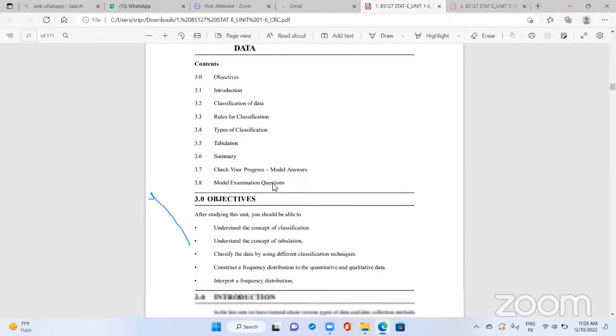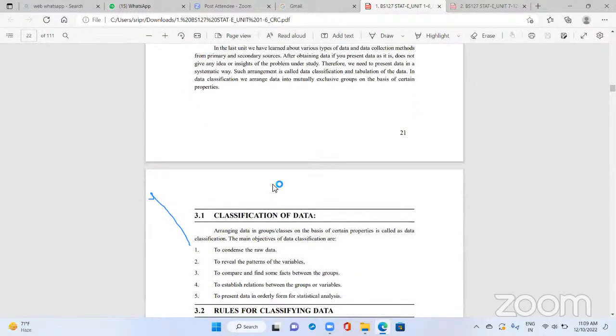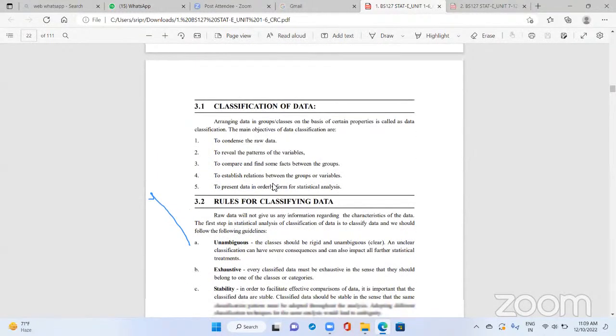In classification and tabulation of data, we have classification of data. After the collection of data, you can divide the classification of data into four categories. Write down the points. One is quantitative classification.